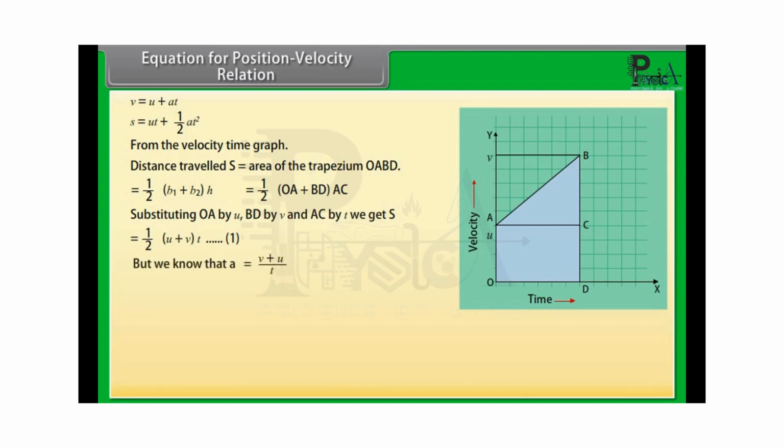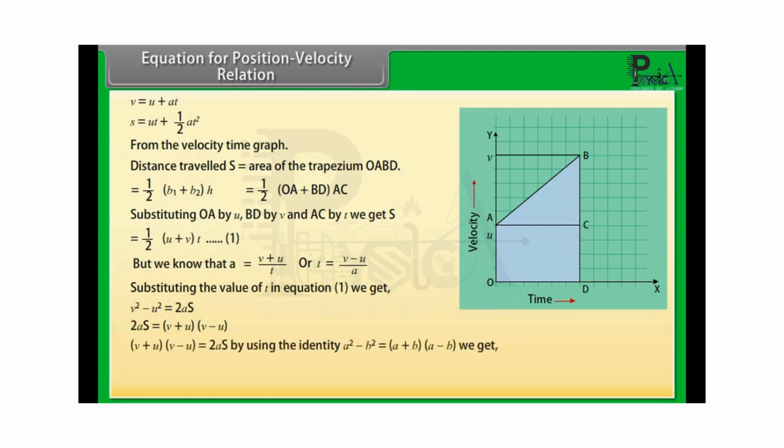But we know that a is equal to v minus u whole upon t, or t is equal to v minus u whole upon a. Substituting the value of t in equation 1, we get 2as is equal to v plus u into v minus u.